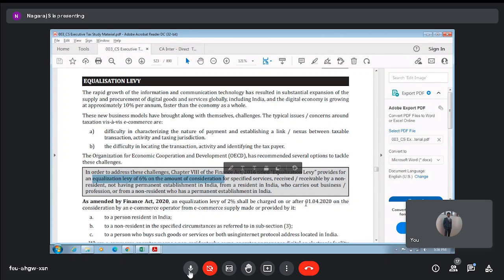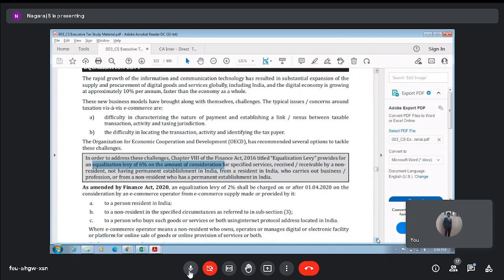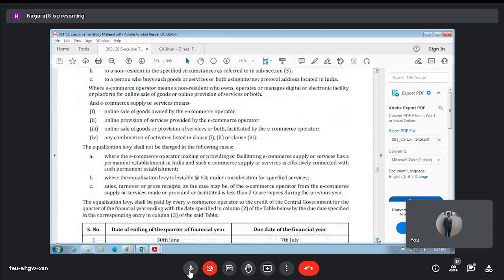Okay. You need to remember that 6 percentage. I think the threshold limit of 1 lakh should be there. If you see 1 lakh amount, please note it.